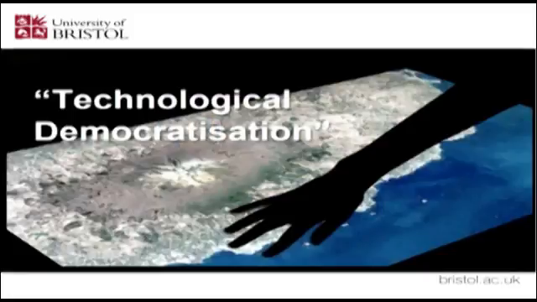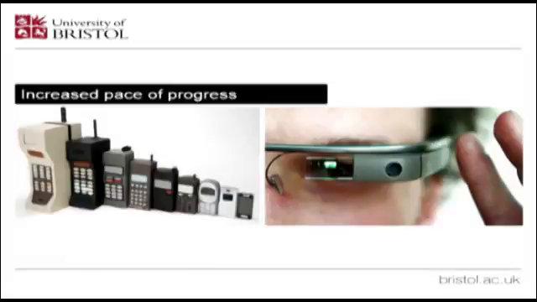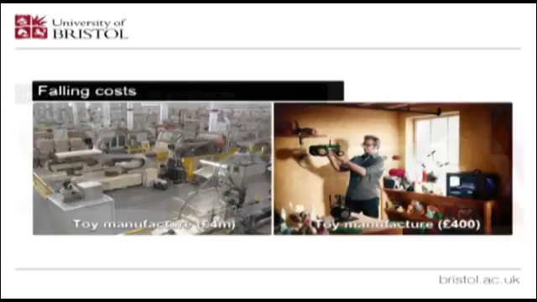I'd like to now talk briefly about technological democratization for people who aren't familiar with this concept. This is the idea that we've reached a point as a species where the pace of progress is increasing as never before. Technological progress is at an all-time high velocity.